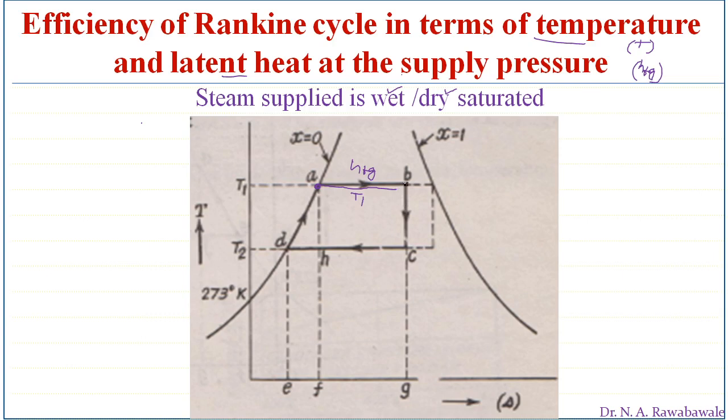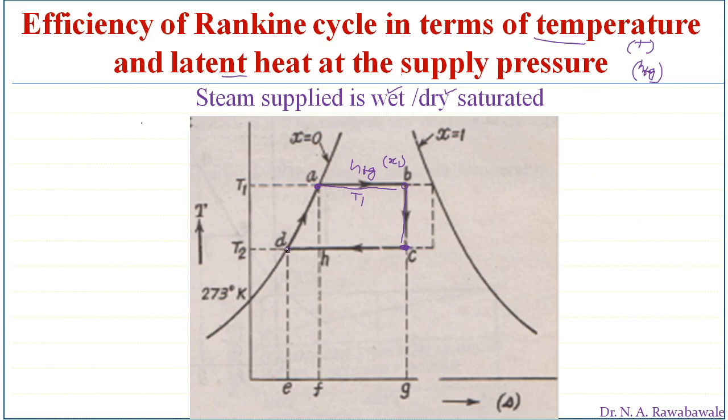The steam, when it is wet at point B, starts to expand up to point C. Wet steam itself is expanded, where the dryness fraction of steam at point B is say x1 or x. X1 is the dryness fraction of steam at point B.